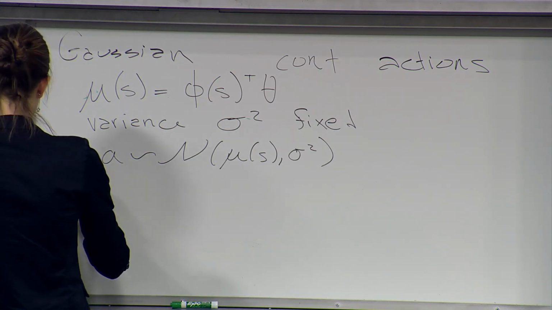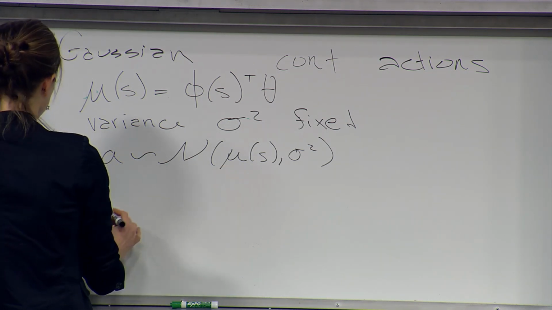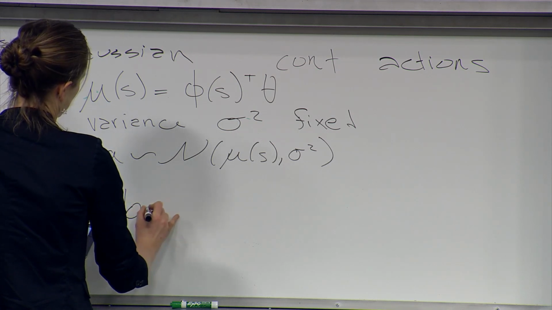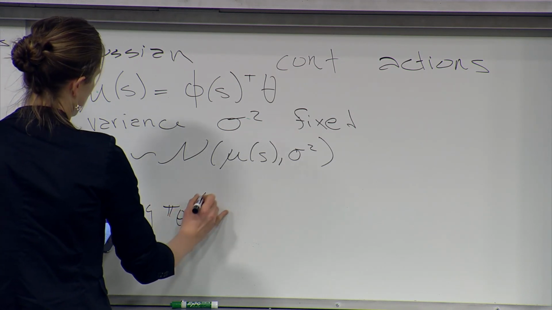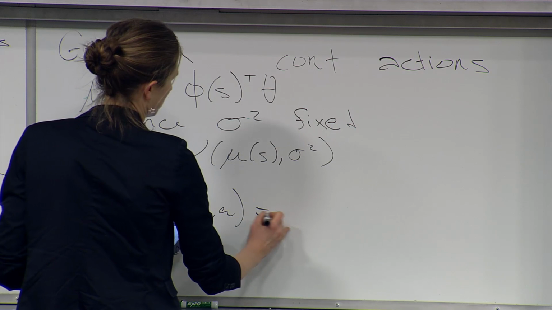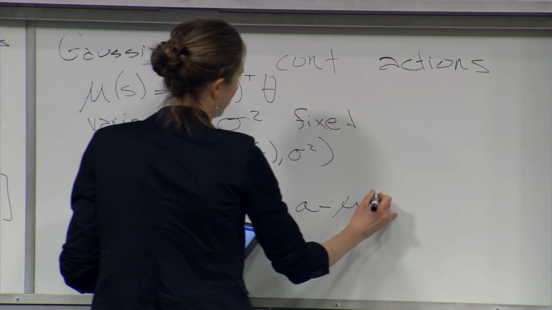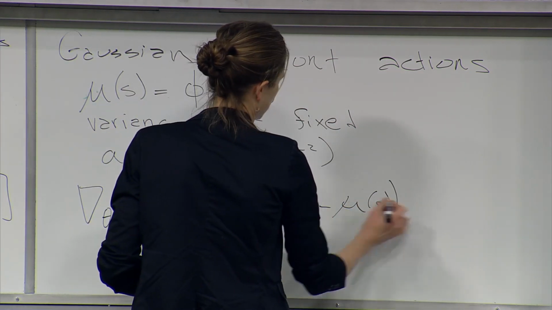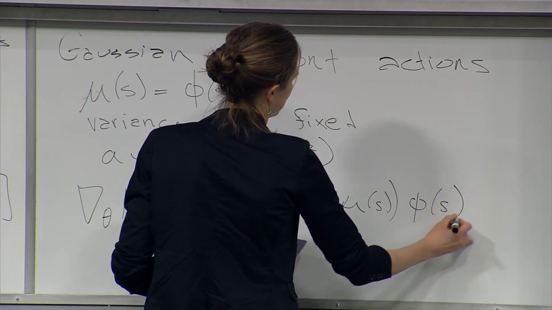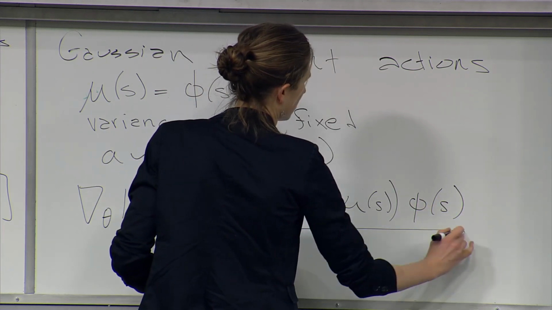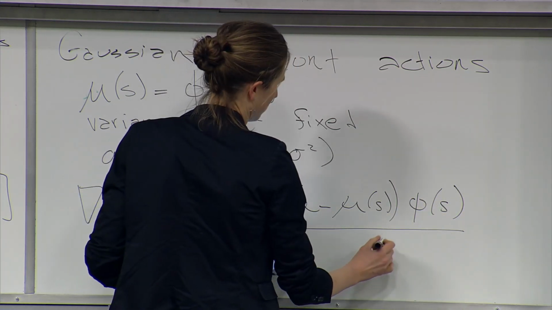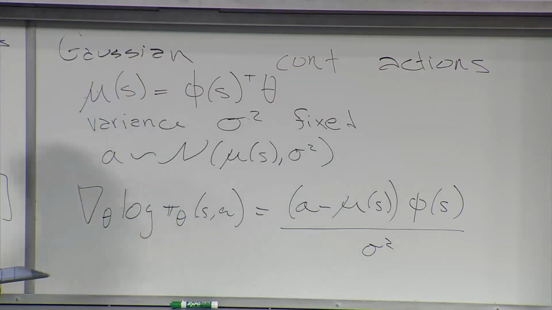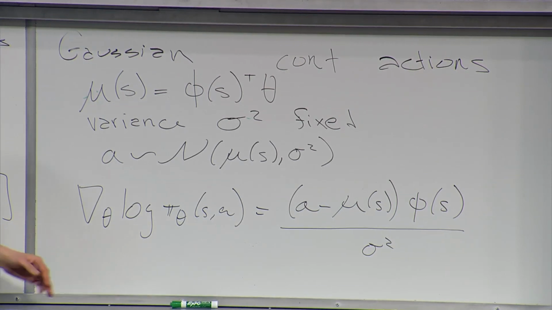And the score function in this case is the derivative of this Gaussian function, which ends up being A minus mu of s times our parameterization of the state features divided by sigma squared. So again, it can be done analytically.